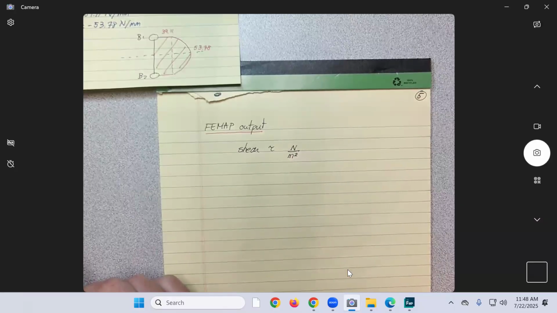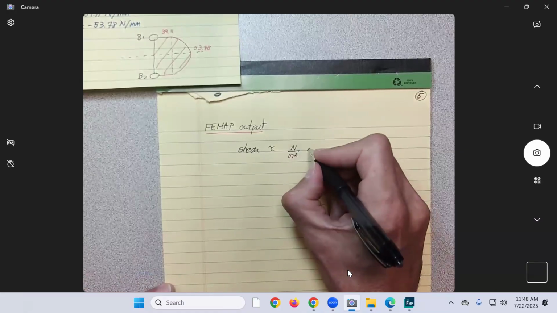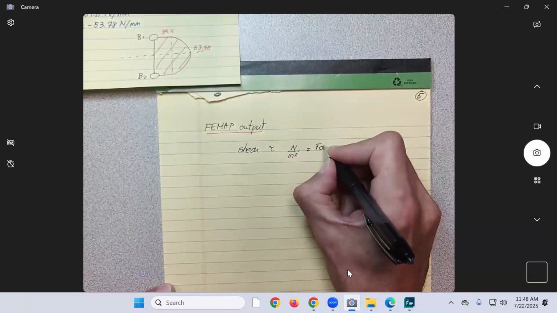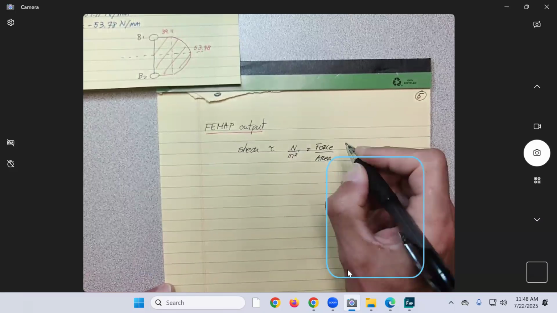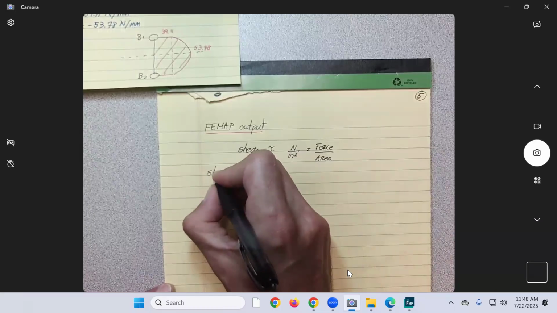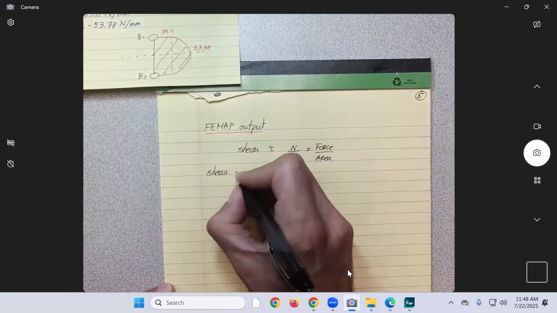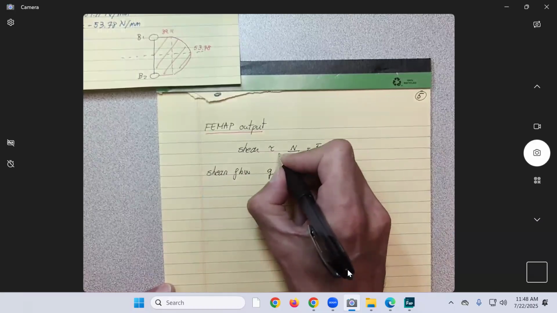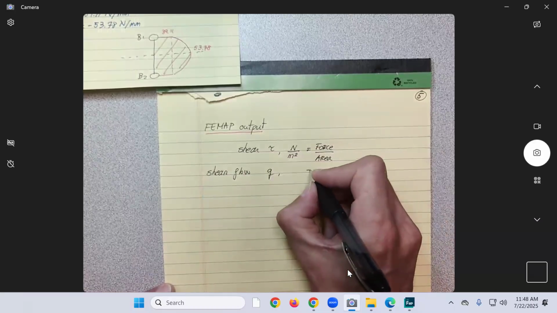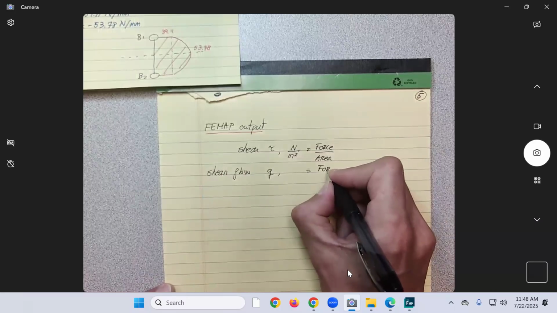Force per area, no? Okay, so you want force per area. Okay. What are the units of the shear flow in general? What is Q?